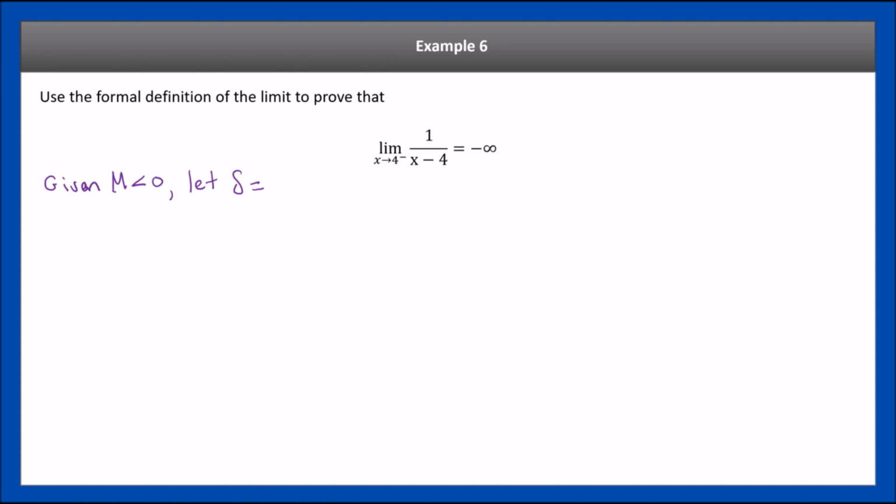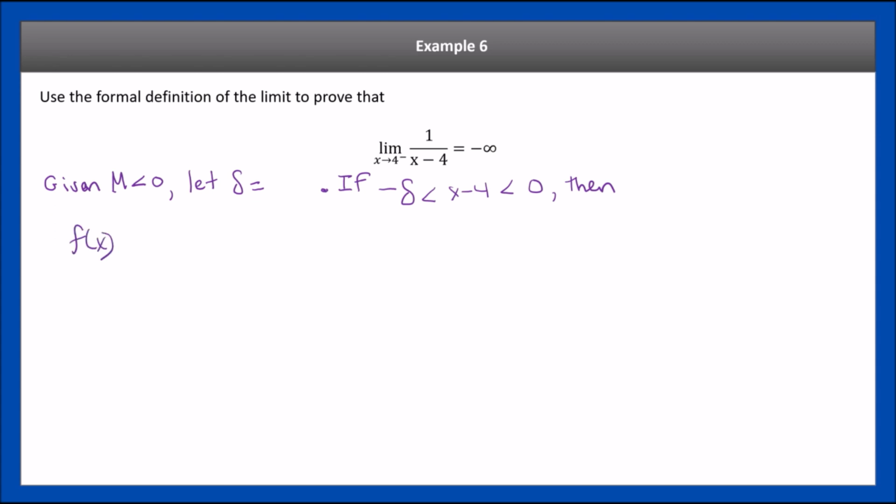If, and this is a one-sided limit, so we're going to use the supposition for the one-sided limit. So if x minus 4 is between negative delta and 0, then we can go ahead and proceed and say that if, or no, then f of x.